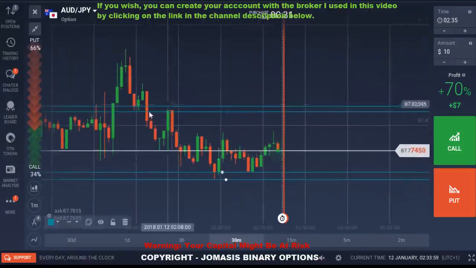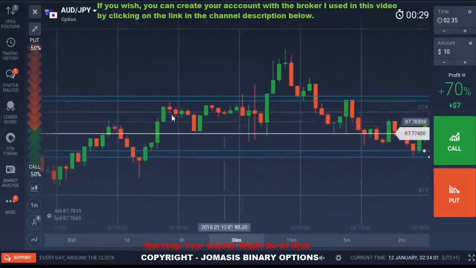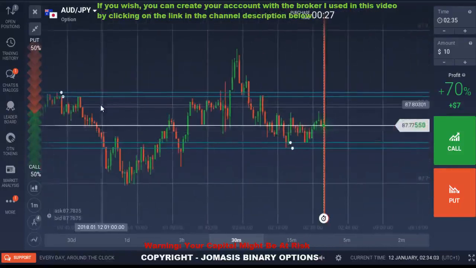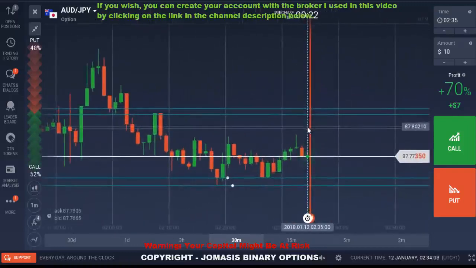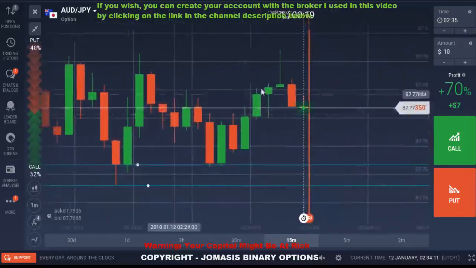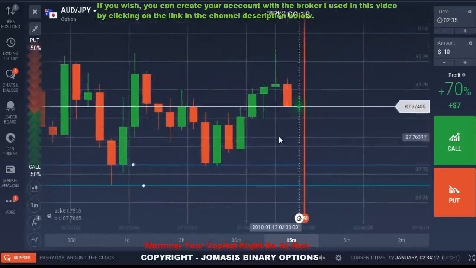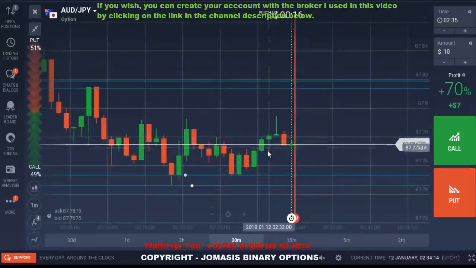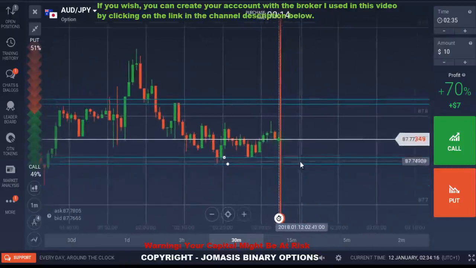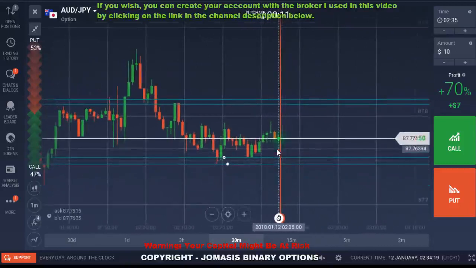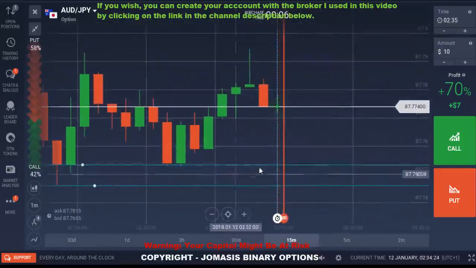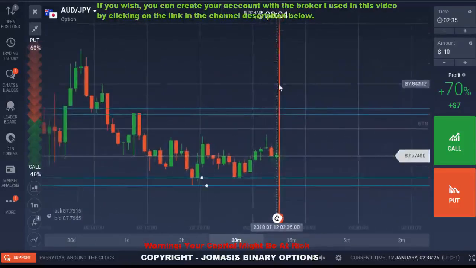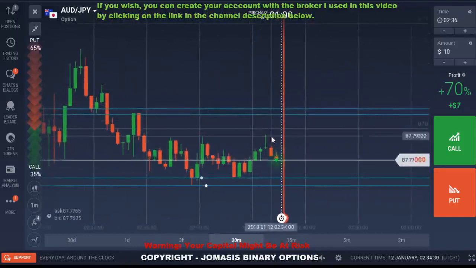But this one here is our resistance, a resistance for the upcoming market. Now you'll be waiting. When you're trading, you have to be patient and not be in a hurry. You have to wait for the market to hit this level, and when you get your confirmation, you place your trade, whether it hits this resistance area or support.